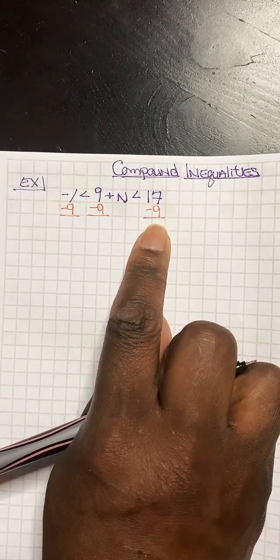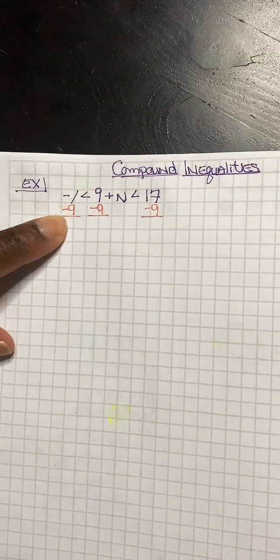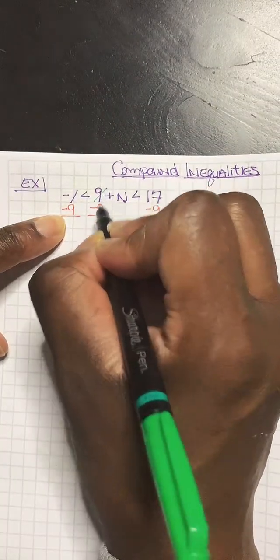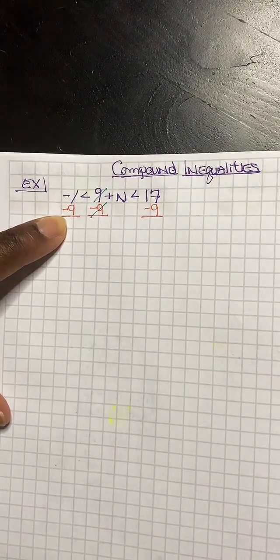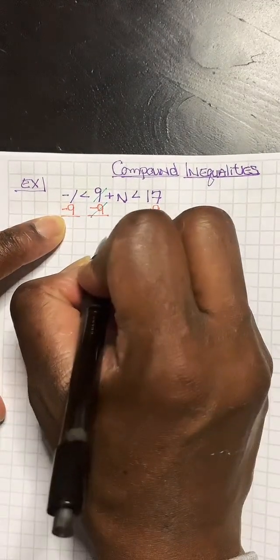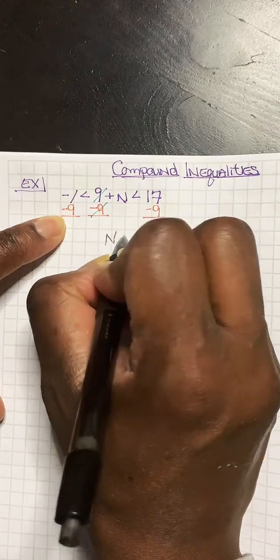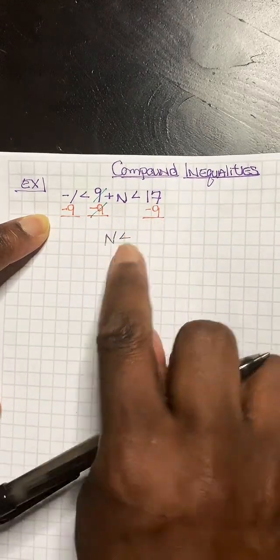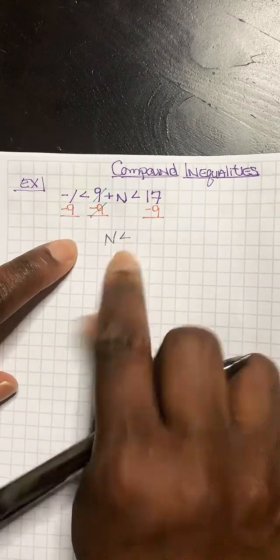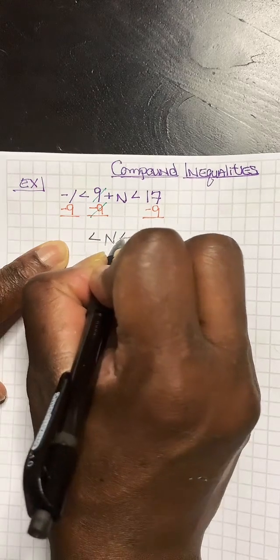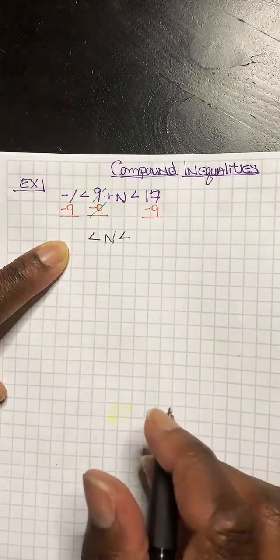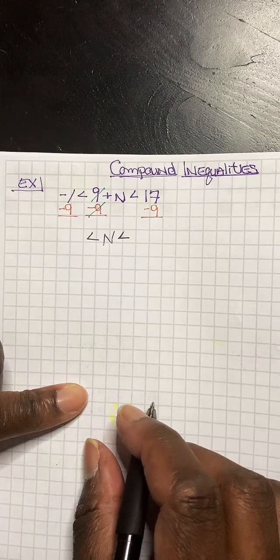Perfect. That means 9 minus 9 cancels out, gives me a 0, but we don't need the 0 because the n is still in the middle. That is our goal. Since we just subtracted, the directions of my inequalities don't change. It only changes when I'm multiplying or dividing by a negative number.